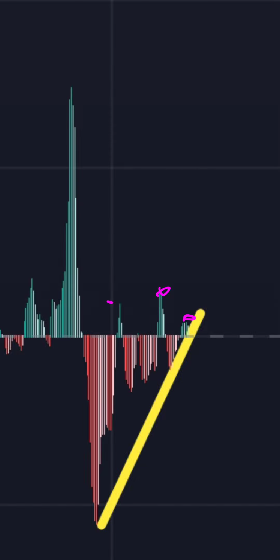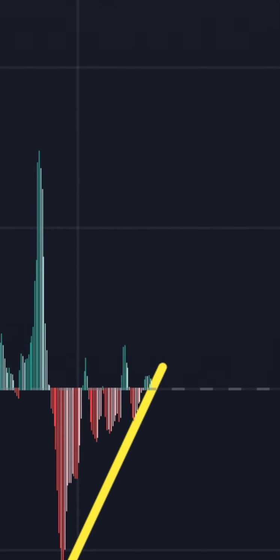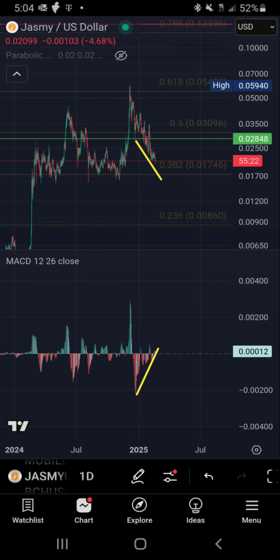No bearish divergence, but we have a lower low and a higher low right through there. So no bearish. We did back here, but now we have no bearish divergence, just bullish divergence. Okay. JASMY, matching Bitcoin Cash.